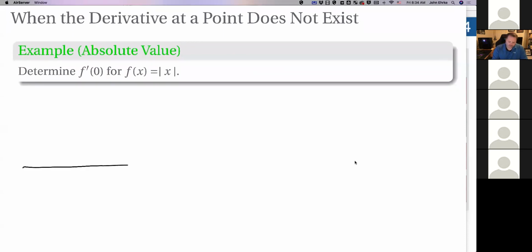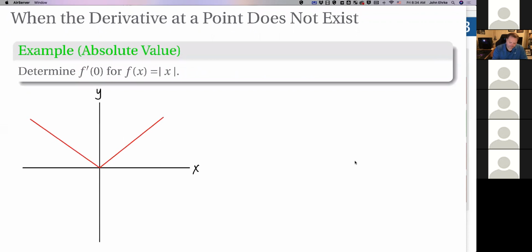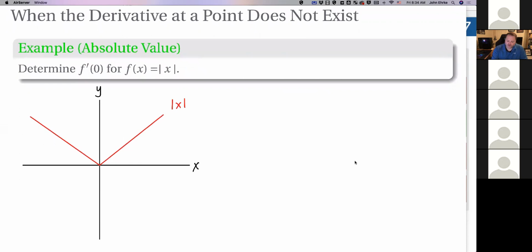So if you recall, the absolute value function looks like this. Remember, derivatives are all about slopes.